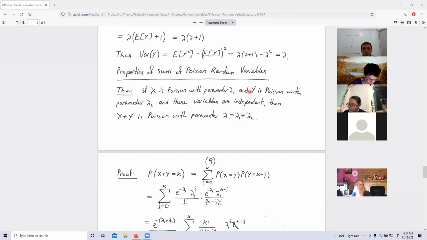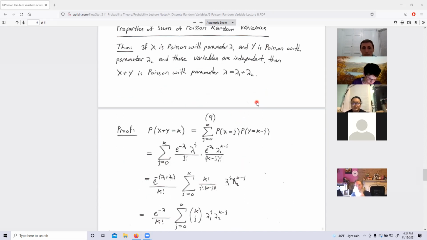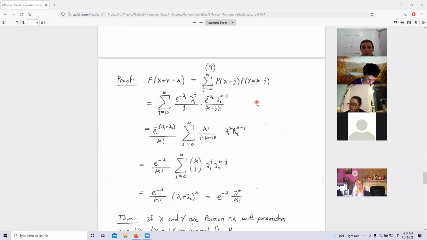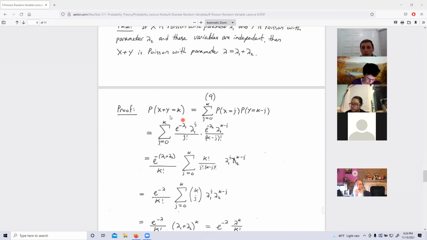Okay, so we can combine Poissons. And now, why is that the case? We want to understand what is the probability that x plus y equals k. You agree that x, if it's Poisson, can equal 0, 1, 2, 3, 4, all the natural numbers, including 0, and y can do the same. Okay, and we assume the independence.